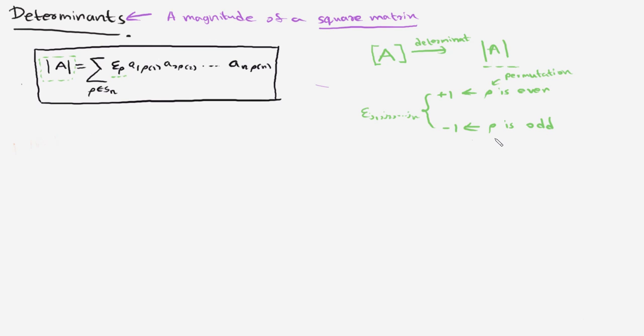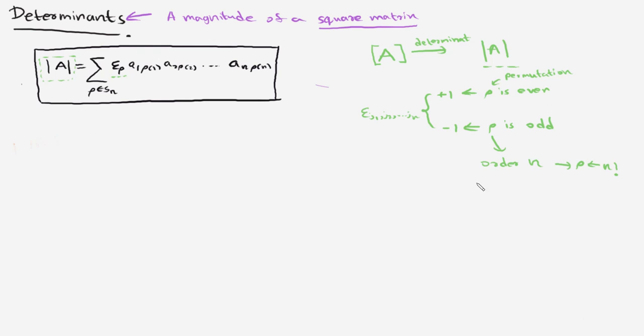So what is this permutation? It depends on the order of your matrix. So if there is an n order matrix, then there will be n factorial number of permutations.